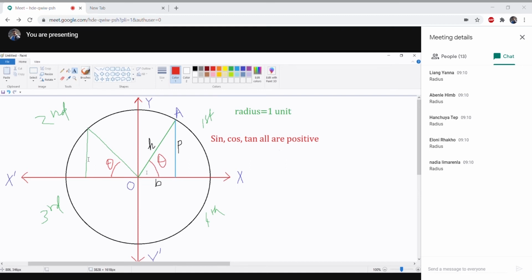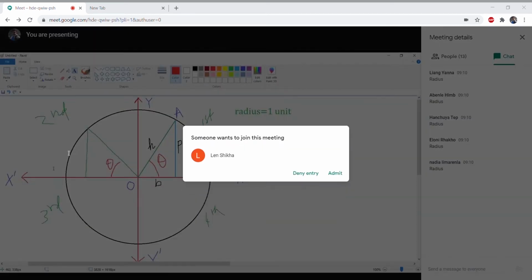Now in the second quadrant, what will be negative, or what will be positive? Look, in the second quadrant, this is the hypotenuse, this is the perpendicular, and this is the base, right? You can see the base is negative, because this line is the negative x-axis.